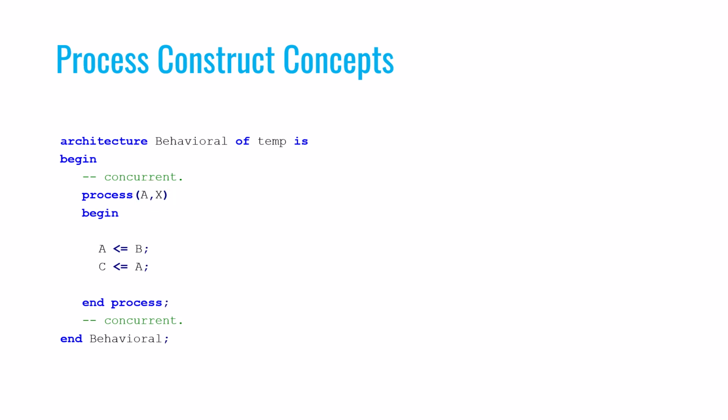The signals in the sensitivity list determine when the process should be activated and when the statements inside should be evaluated. This means that the assignment statements within the process, in this example, these two assignments, are evaluated only when at least one of the signals in the sensitivity list changes its value.